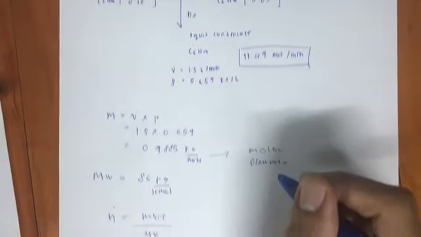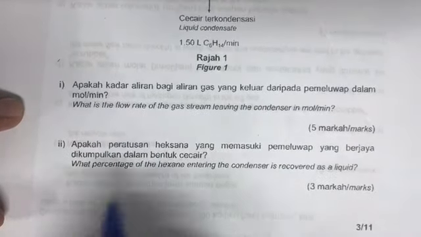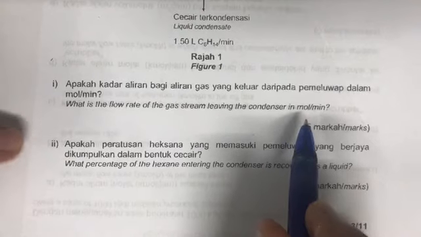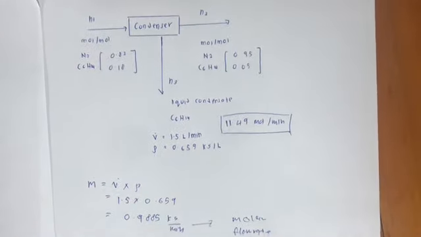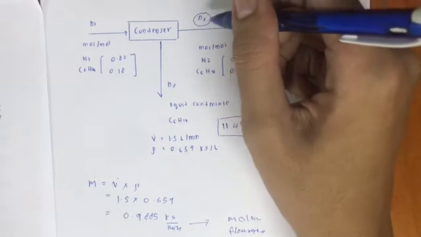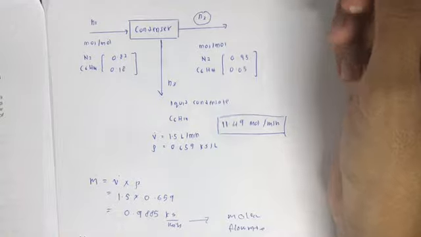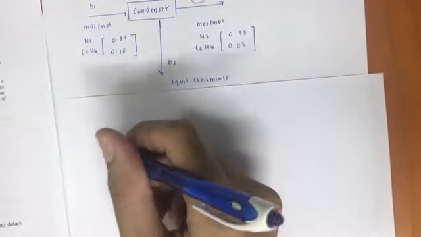So let's look at the first question. What is the flow rate of the gas stream leaving the condenser in mole per minute? In this question, it asks us to find the value of N2. In order to find N2, we must do the mass balance.